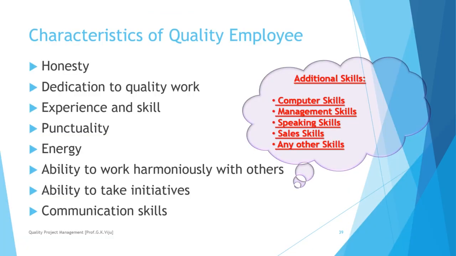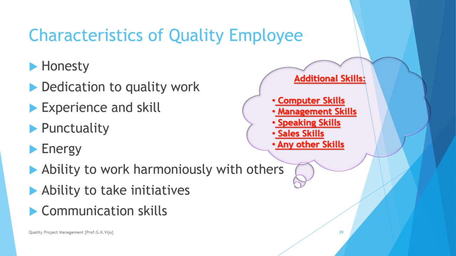Then comes the characteristics of a quality employee. There are many qualities every recruiter looks for, like organized, punctual, a team player, a positive attitude, and so on. In addition to that, there are many the recruiter might not think of.